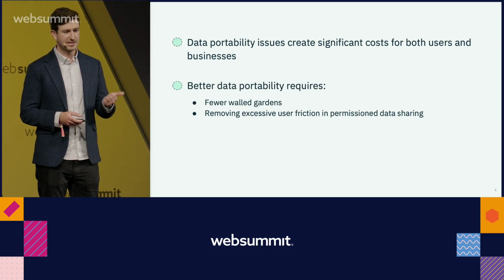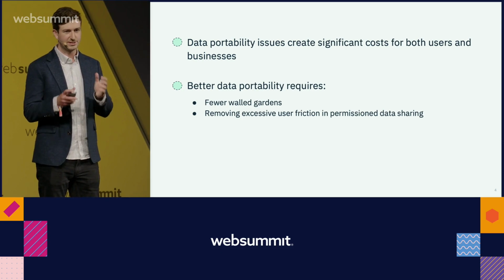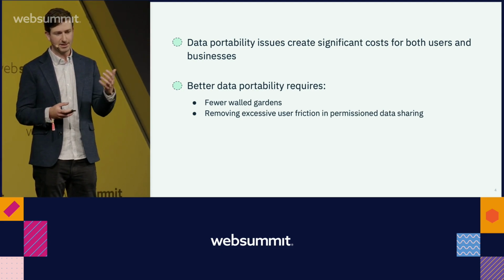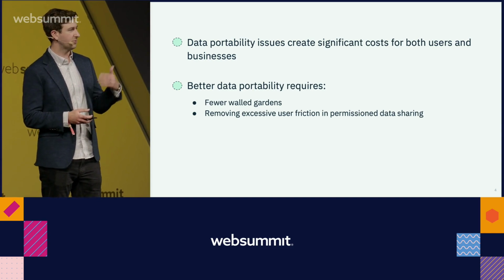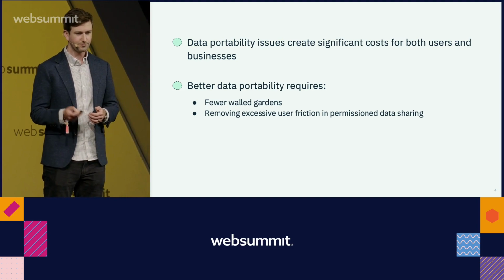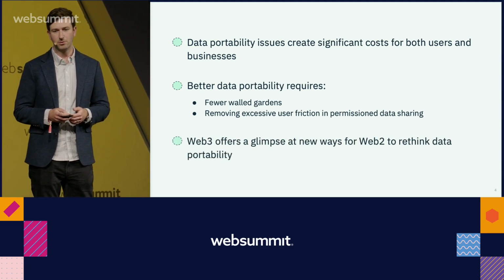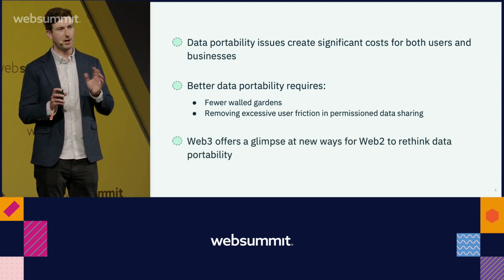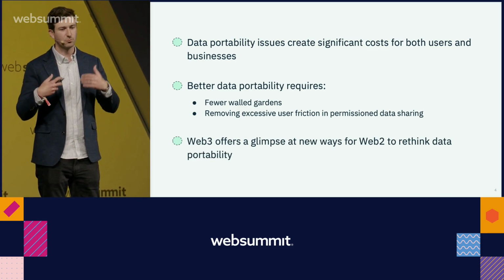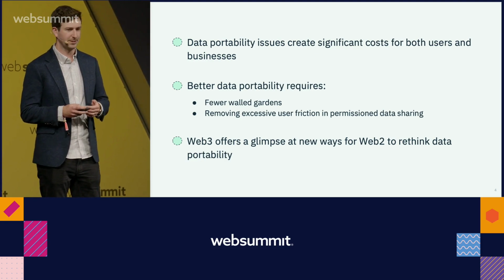The first is that we need fewer walled gardens where our data is siloed within applications and industries that don't want us to share that data. And two, we need to remove the excessive user friction in the actual provisioning flow. And then finally, I want to talk about how Web 3 offers a glimpse at some new ways around data architecture that can allow us in Web 2 to rethink data portability.